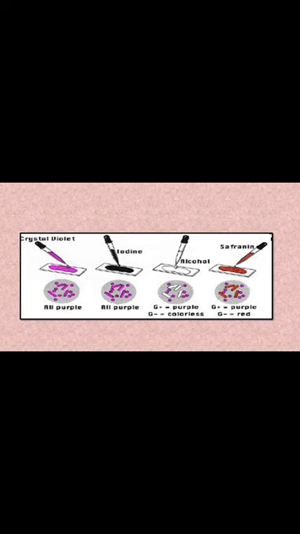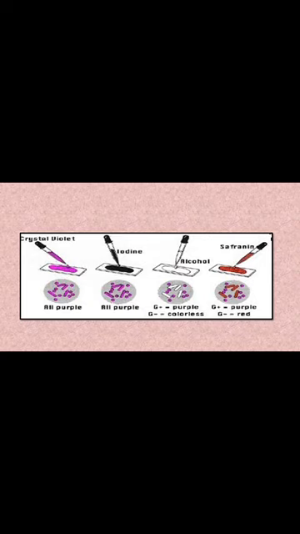When you are using iodine, at that time also all bacteria are purple in color. But at the time of decolorization, you see in the third diagram, decolorize the smear with alcohol, 50% acetone alcohol solution. Then gram positive bacteria are purple and gram negative bacteria are colorless.